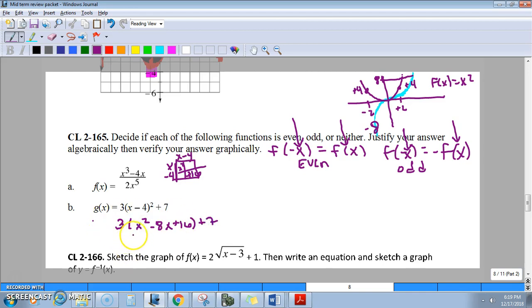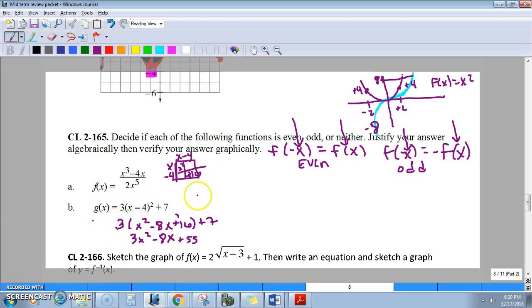Okay, so if I distribute that 3, I now have 3x squared minus 24x plus 48, plus 7 still. So all that does is change that 48 to be, instead of plus 48, plus 55.